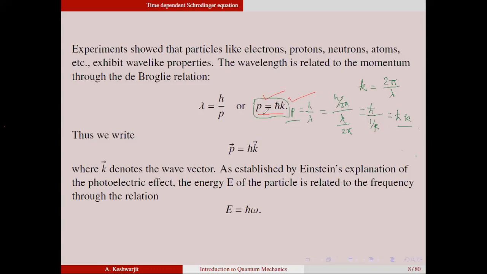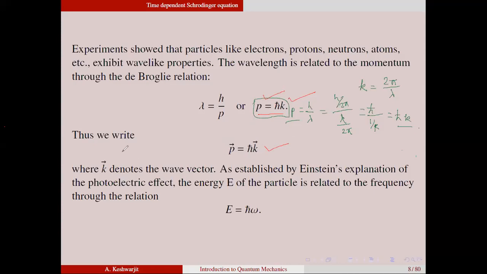We can extend these relations to three dimensions, and we obtain p vector equal to h bar k vector. So in three dimensions, it has three components.